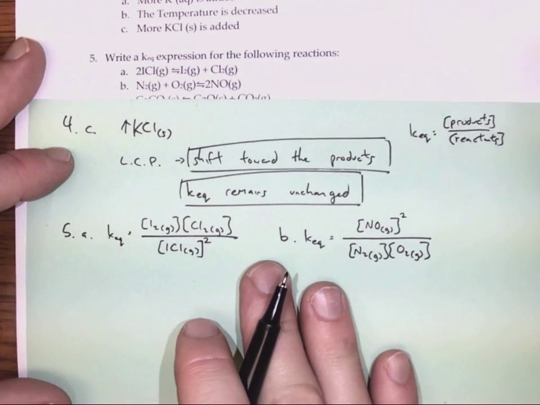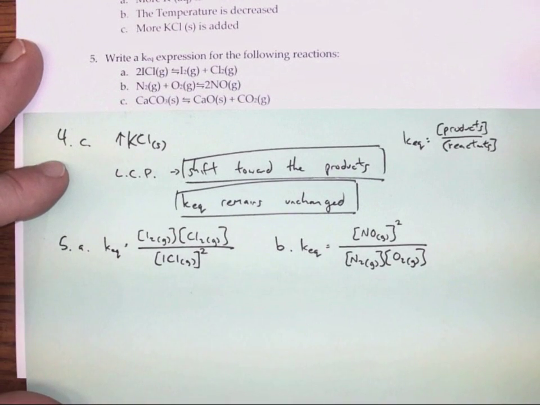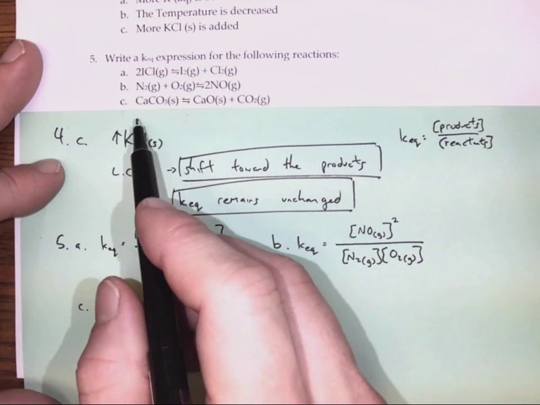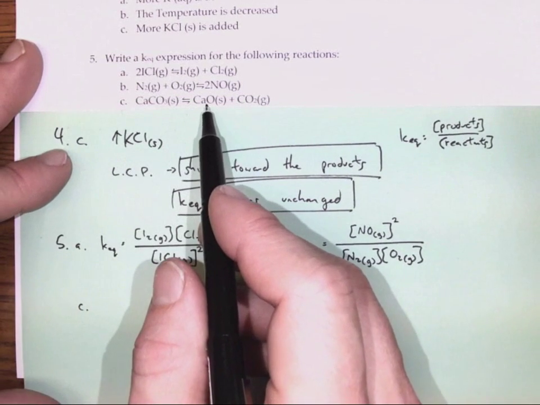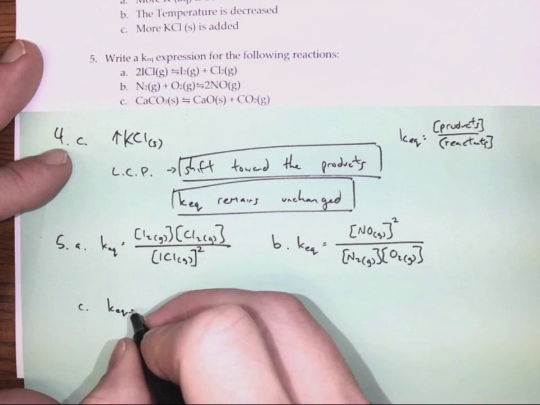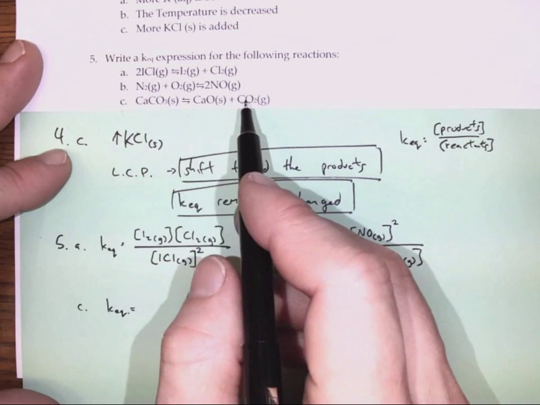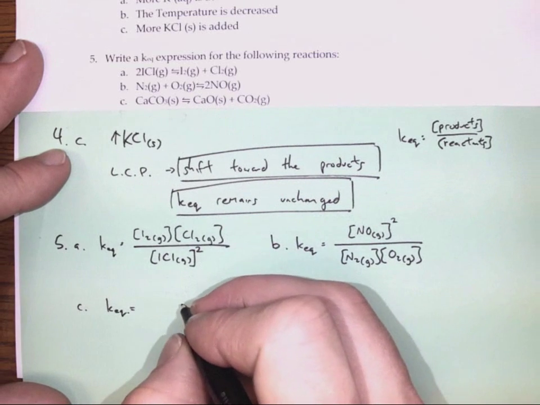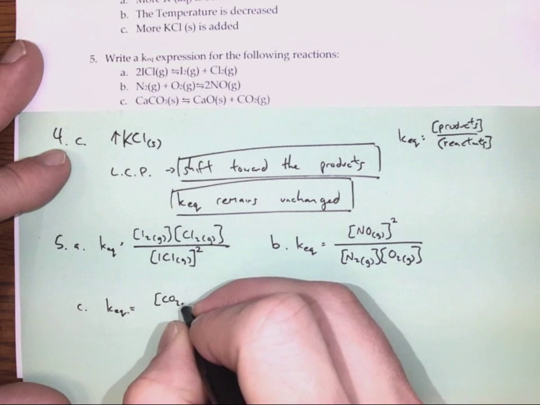Next, we have this calcium carbonate reaction. It's a decomposition of calcium carbonate into calcium oxide and carbon dioxide. Well, we're not going to count our solid, so we're only going to write the concentration of carbon dioxide as a gas.